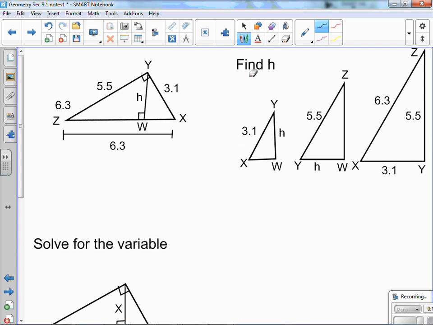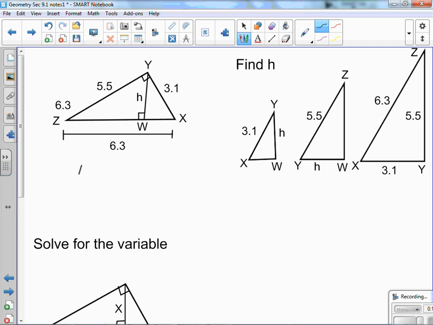And so we want to find H. So we've got all three sides for the big triangle, 6.3, 3.1, 5.5. And we can use the H in either one of these triangles, the mid-size, the little one, either one, to solve for H. I'm just going to use the little one because we used the mid-size one earlier.